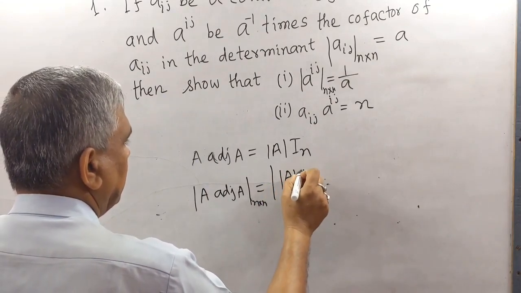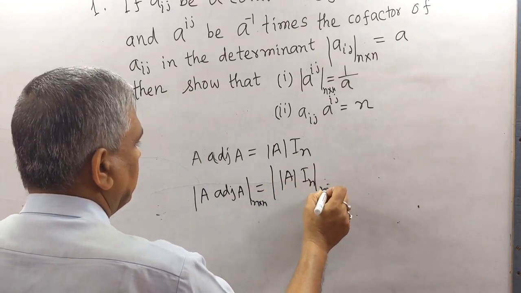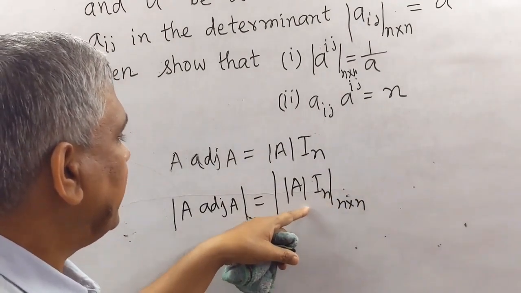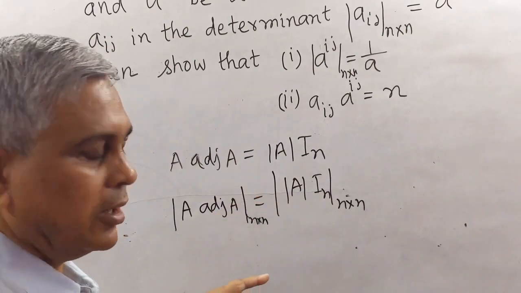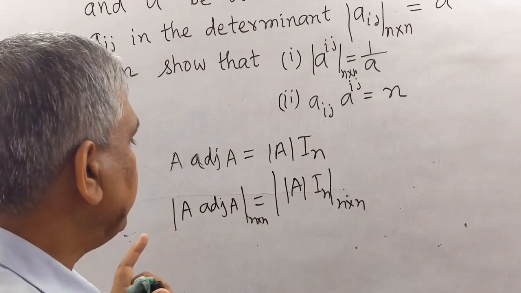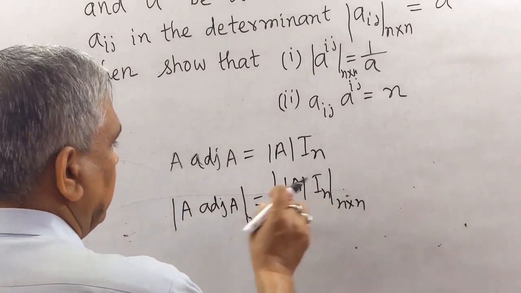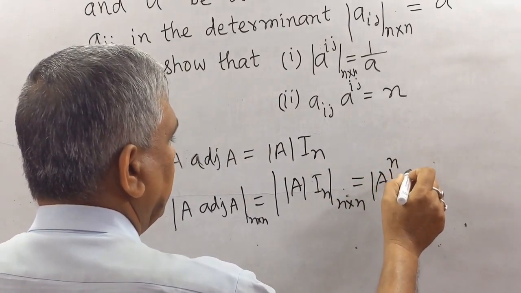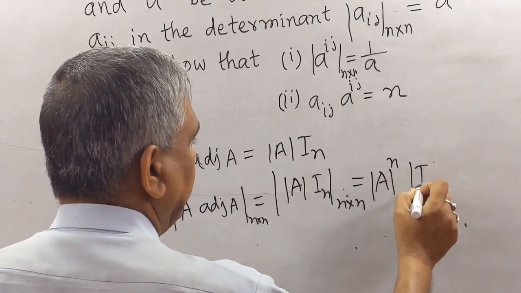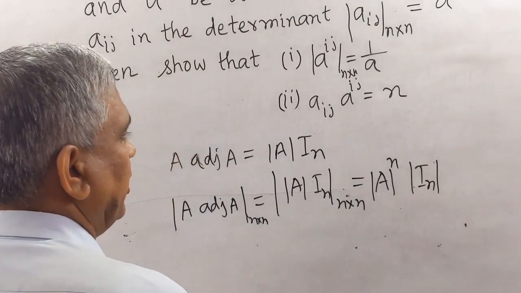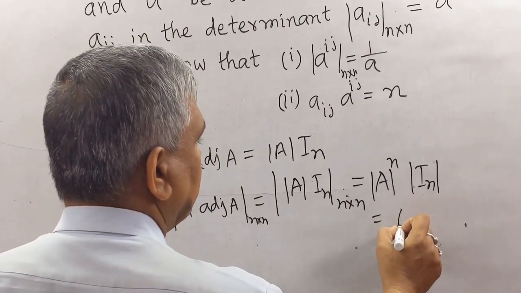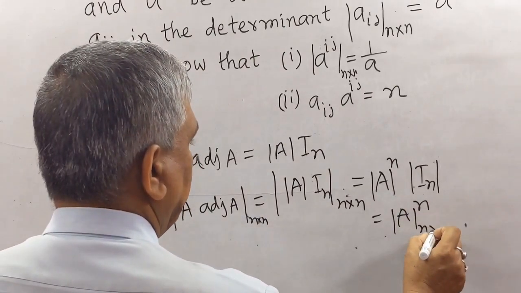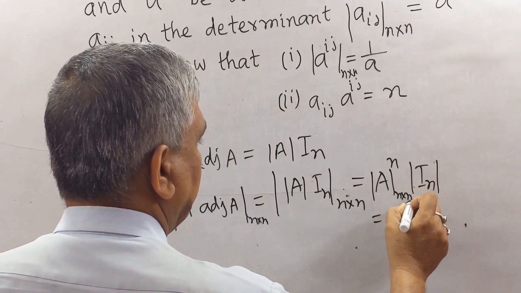Inside this is a matrix whose diagonal elements are determinant a. So if we take it out, we will get a to the power n times the determinant of I_n. The determinant of I_n equals 1. Each determinant is n by n.